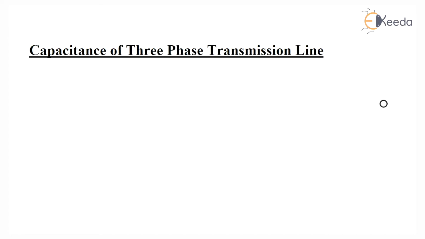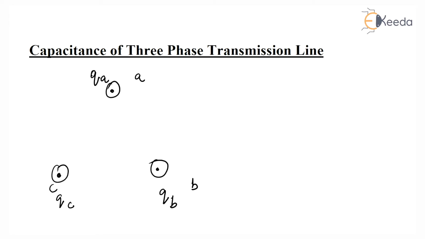So for three-phase transmission line, first consider three conductors, conductor A, conductor B and conductor C. For conductor A, charge is QA, for conductor B, charge is QB, and for conductor C, charge is QC. The distance between conductor A and B, means from 1 to 2, is D12.